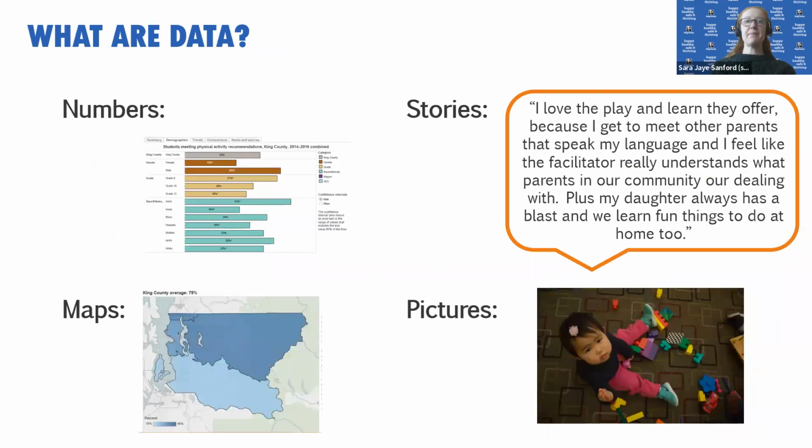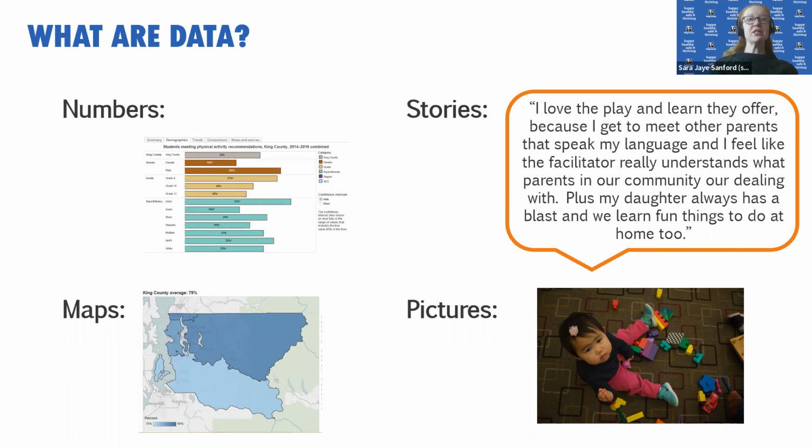When we think about data, numbers are what comes to mind first for many folks, but Best Starts for Kids values many different kinds of data, including community-generated data. So again, think back to what kind of story you want to tell with your proposal, what the criteria in the RFP are, and what could help really respond to those criteria and tell your story.